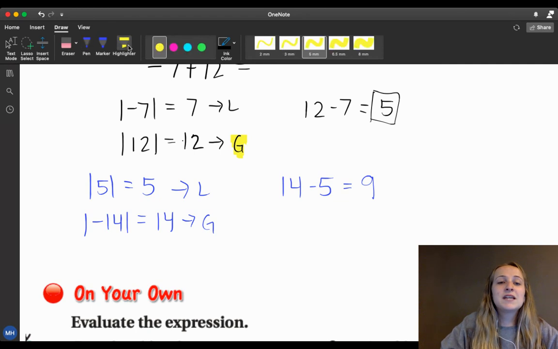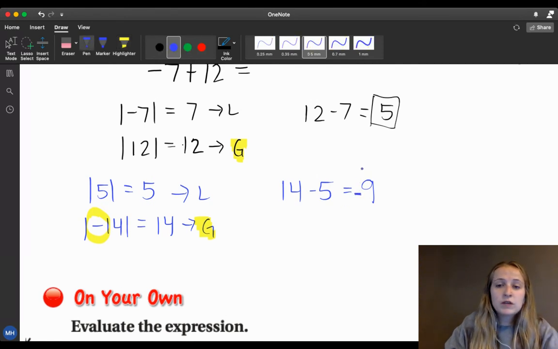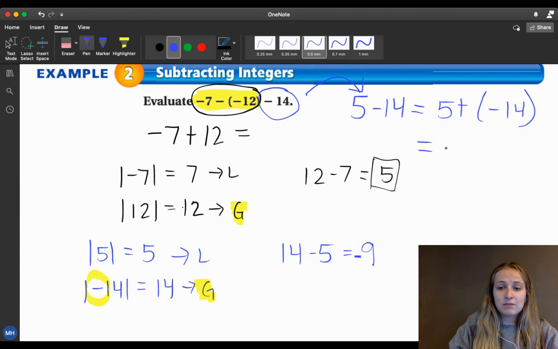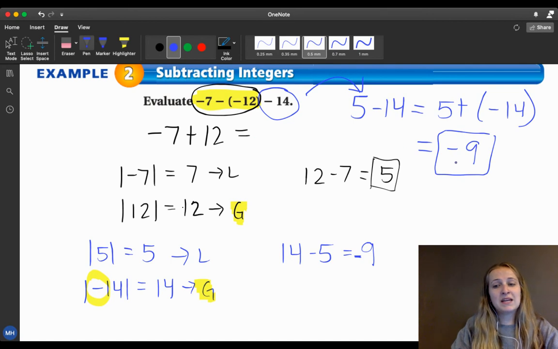Then again, you need to take the sign of the greater absolute value. If I look here, the sign is negative. Therefore, I need to put a negative sign in front of this 9. So if I go back up here, I know that 5 minus 14, or 5 plus negative 14, is going to give me negative 9. So the answer to this full problem is going to be negative 9.